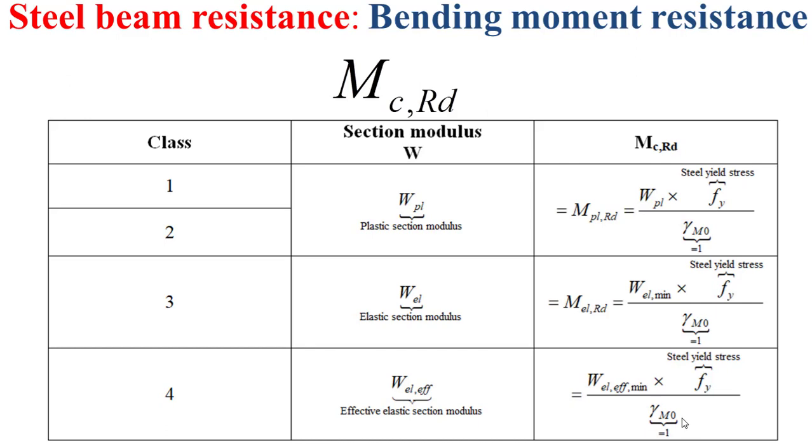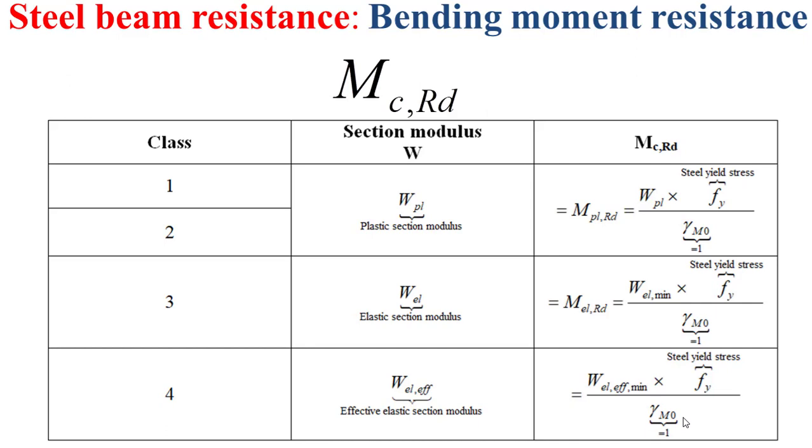For the cross section class 3, we use the elastic section modulus, and I explained in the previous video also the elastic behavior of the cross sections class 3. And for the cross section class 4, the effective properties shall be used, and we use the effective elastic section modulus in order to determine the bending moment resistance.